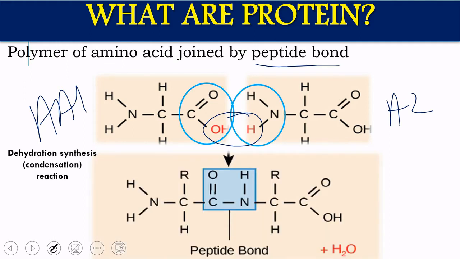So this bond is called the peptide bond. The bond between the CO of one amino acid and the NH of another amino acid is called a peptide bond. And overall this reaction is a kind of dehydration reaction. Dehydration reaction means water is going out. In another language you can call it a condensation reaction as well.